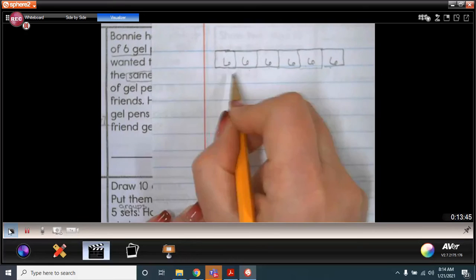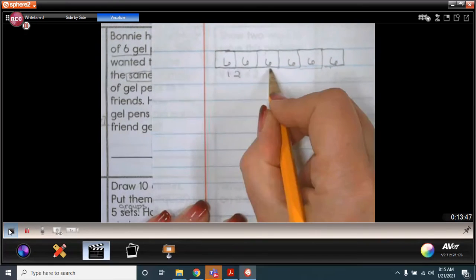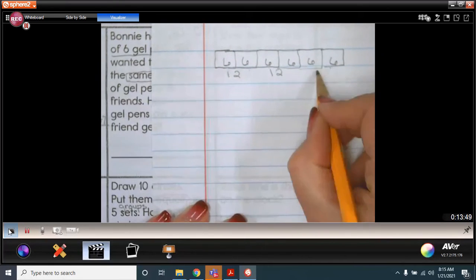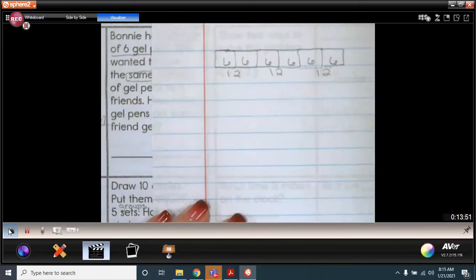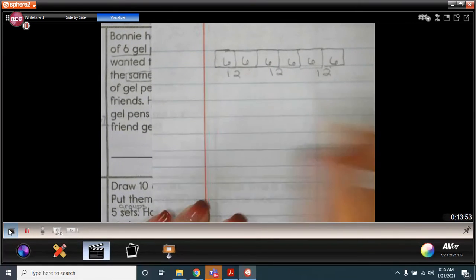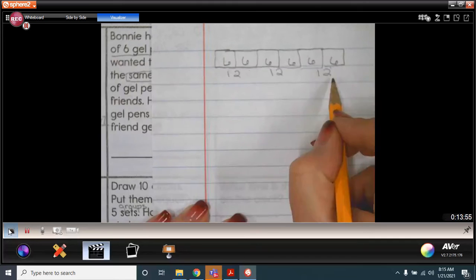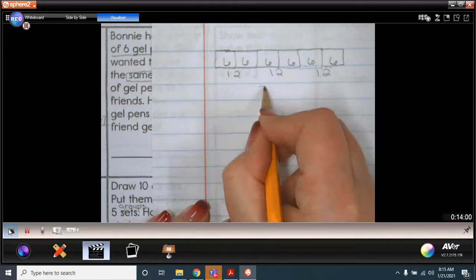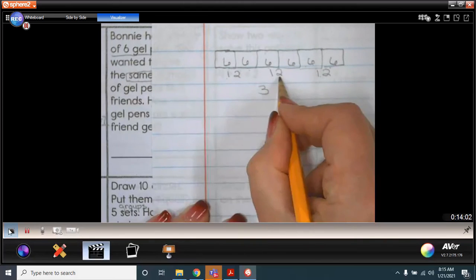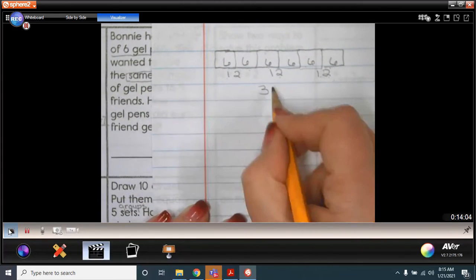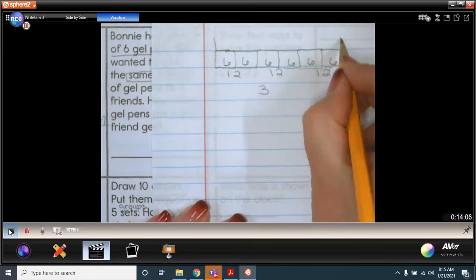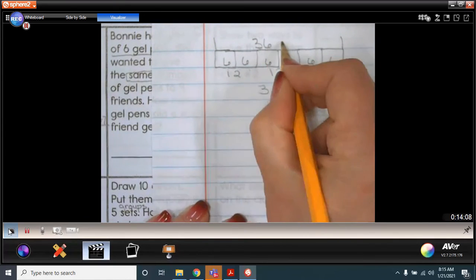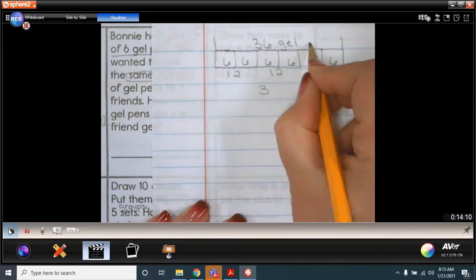So 6 and 6 is 12, and this 6 and 6 is 12, and this 6 and 6 is going to be 12. Now, I have 3 groups of 12 here. So 10 and 10 and 10 is 30, and 2 and 2 and 2 is 6. So together, I have 36 gel pens.